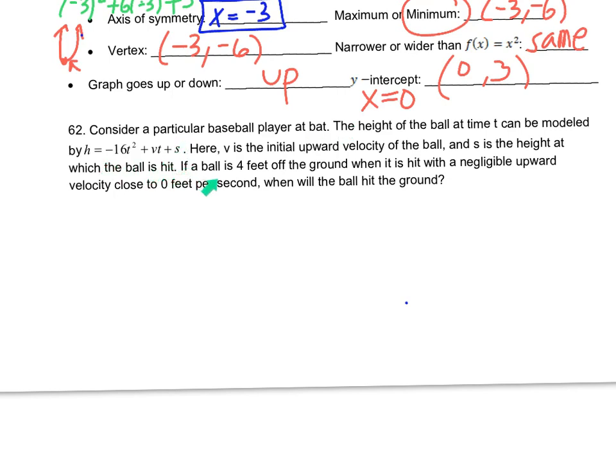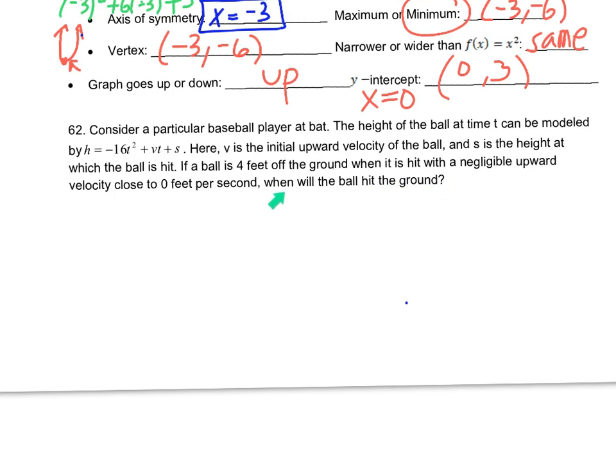And if a ball is 4 feet off the ground when it is hit, that means that's our s, that's 4. And it has a negligible upward velocity of 0, so that means this v will be 0 because that's your velocity. And then when will the ball hit the ground?